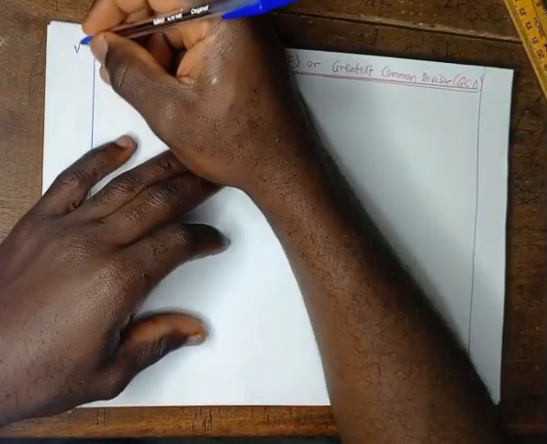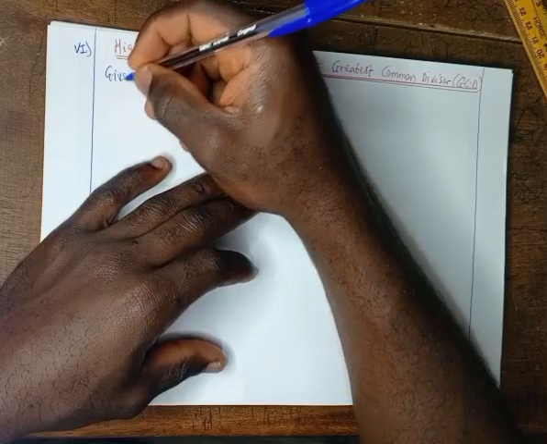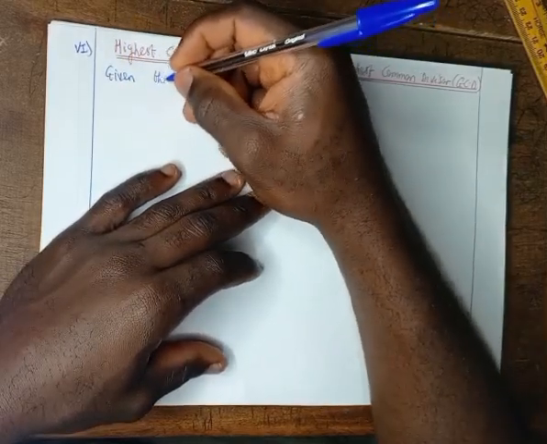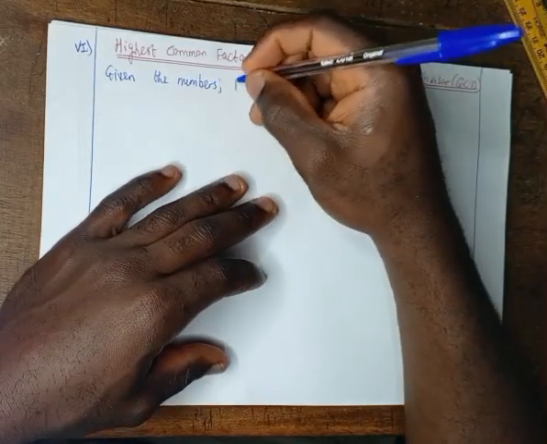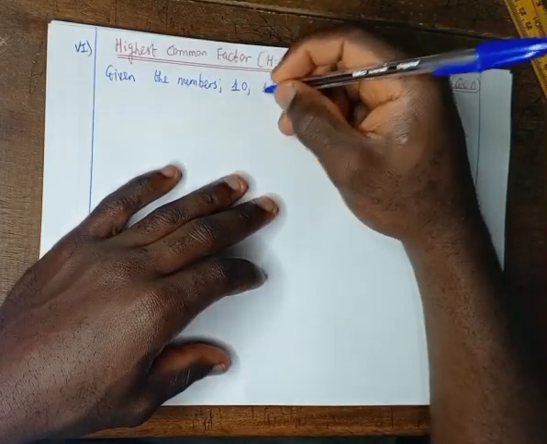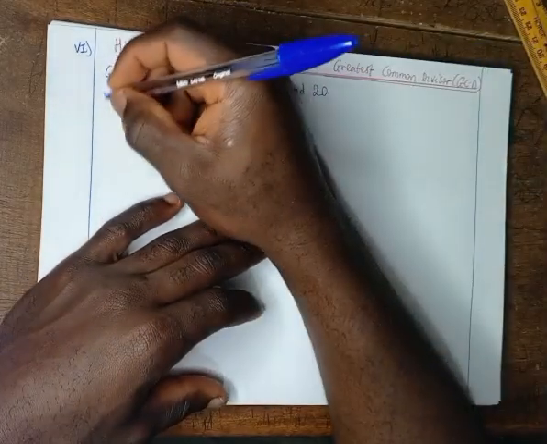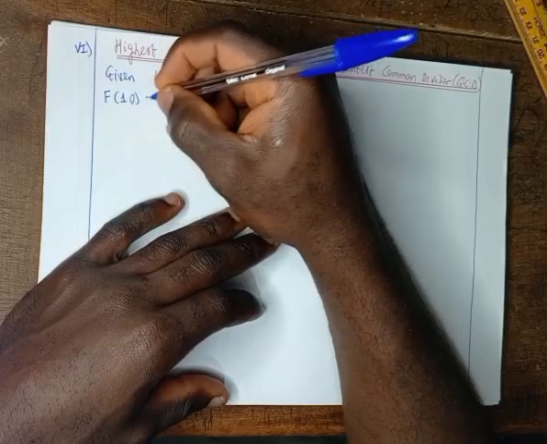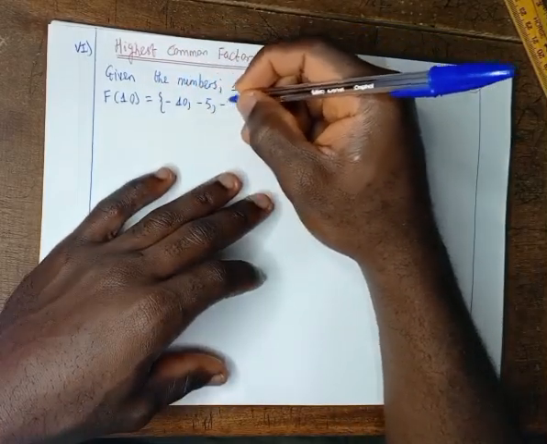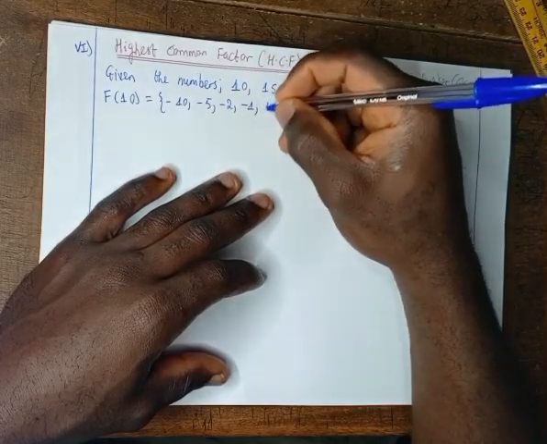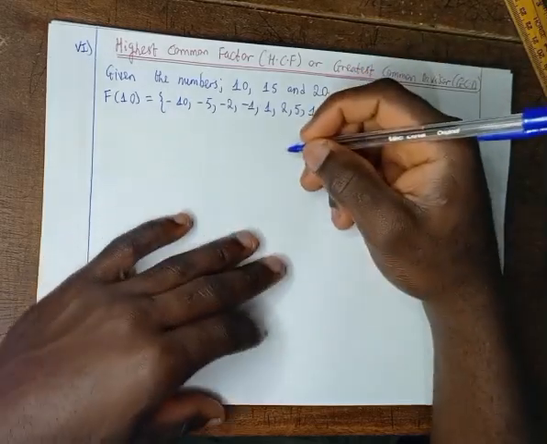This is 6. We're going to write this down. Given the numbers 10, 15, and 20. To write down the factors of 10, we have negative 10, negative 5, negative 2, negative 1, 1, 2, 5, and lastly 10.